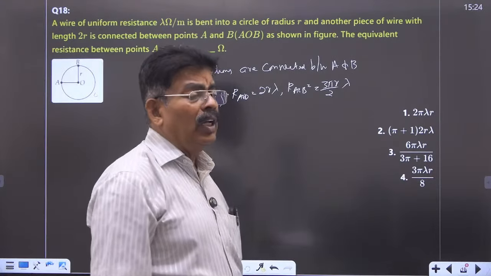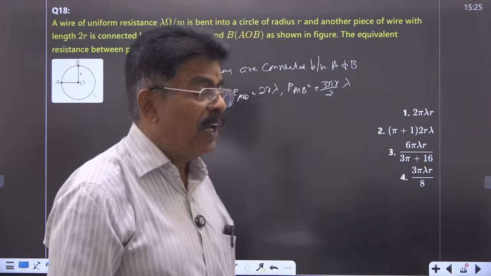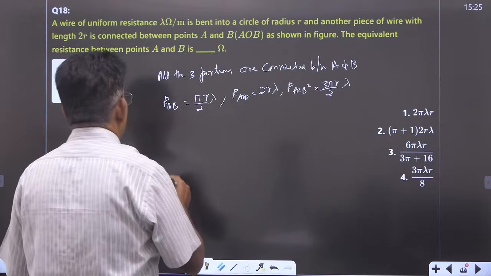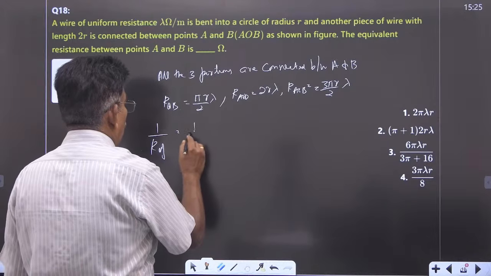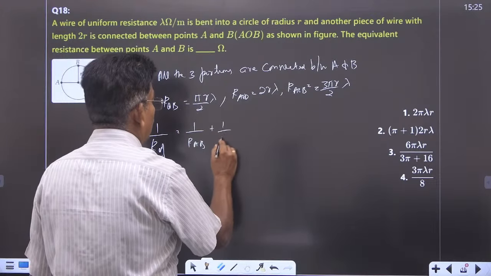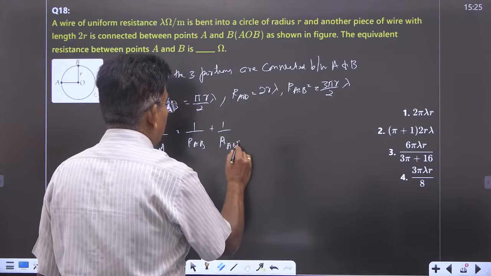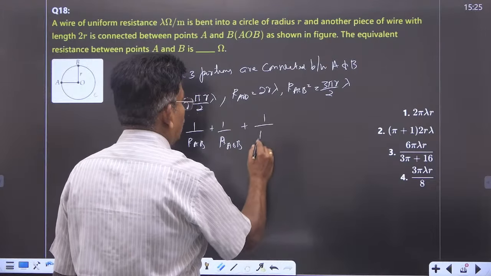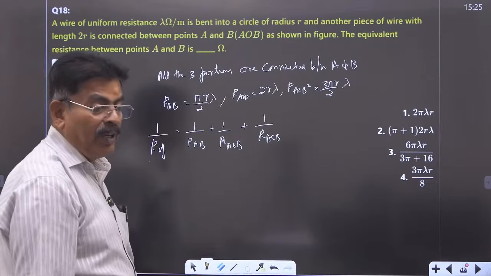So we have the resistance of 3 portions, and all the 3 portions are connected parallel to each other. Now tell me, what is 1 by R effective? 1 by R_AB plus 1 by R_AOB plus 1 by R_ACB.